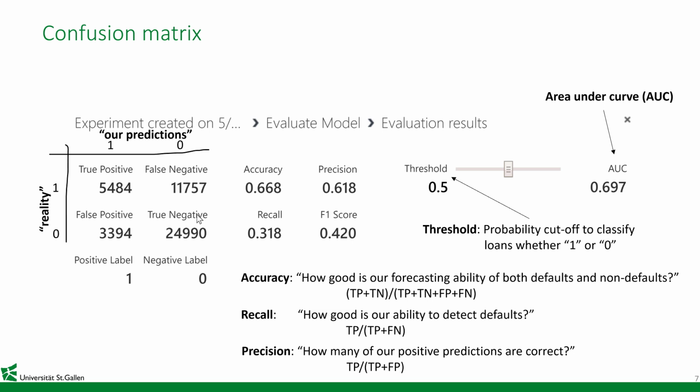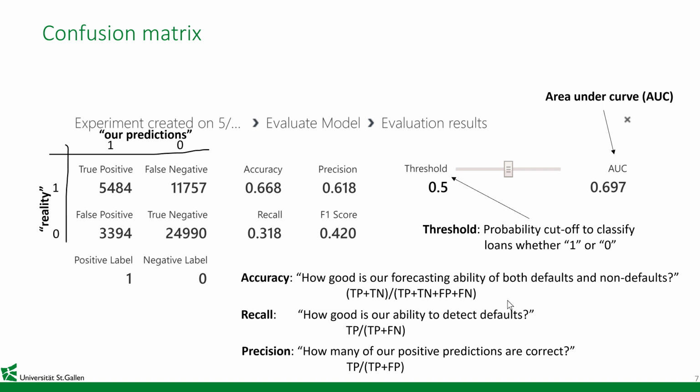Now, our 2 mistakes we can make are the false positives and the false negatives here on the diagonal. The false positives are simply, we predicted that the loan will default, but in fact it did not default. The false negative, on the other hand, is we predicted it will not default, but in fact it actually did default.